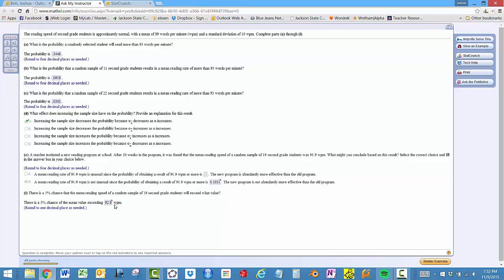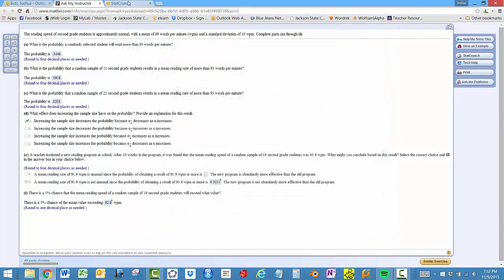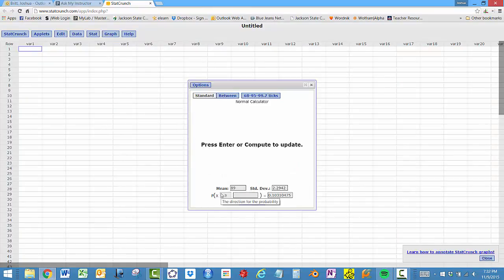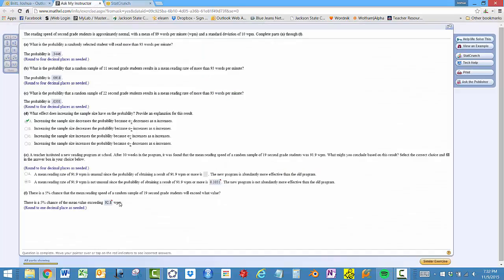So this time we want to know what X is. So we can go over here to StatCrunch, and same thing as before, but this time we want this probability to be 5%, and we want to know, so that's 92.77, which if we round to one decimal place would be 92.8.